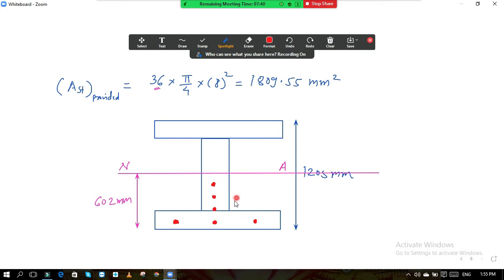Okay, so now we need to find out the eccentricity. So our eccentricity will be, what? We need to find out the centroid of this first. Okay, so we will find out the centroid of this from the bottom. Okay, bottom to neutral axis.